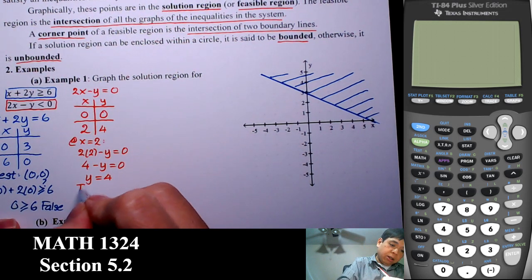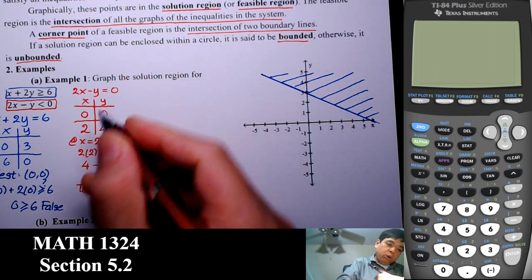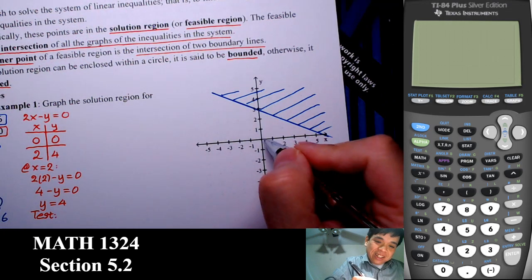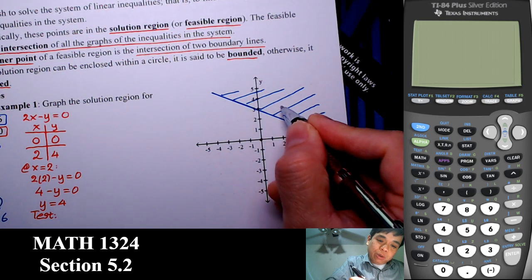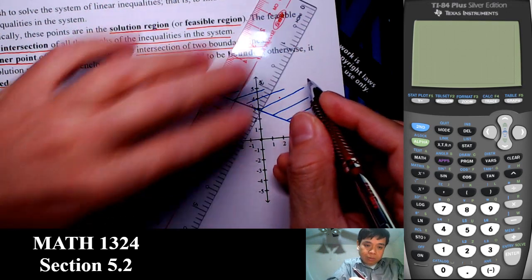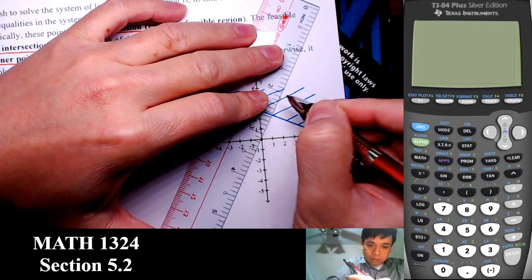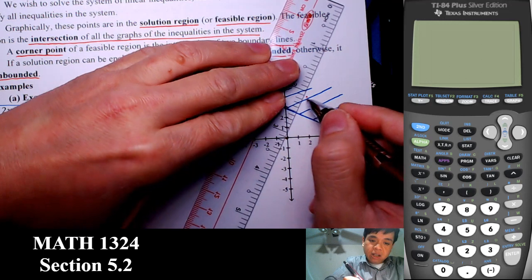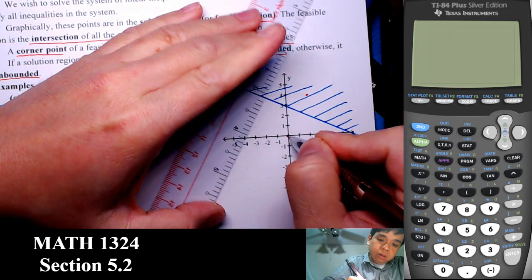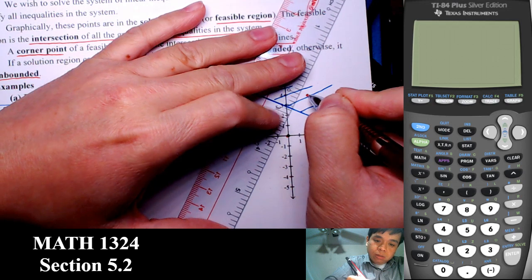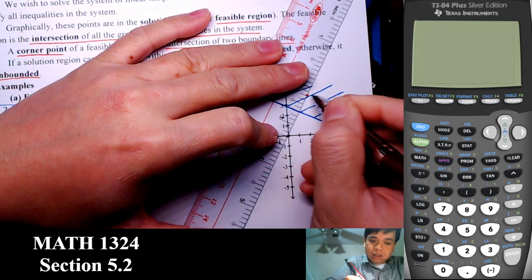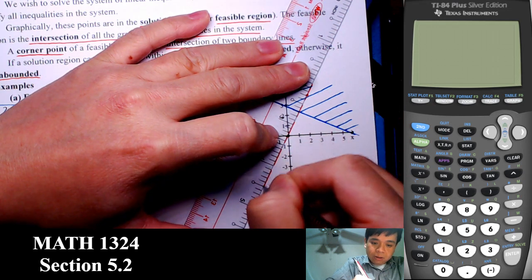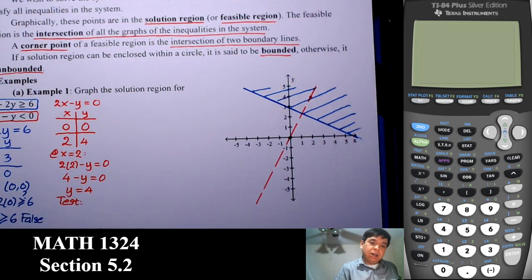We'll go to the second one. We will test, of course we cannot test 0, 0 because it is on the line. So the points are 0, 0 and x equal to 2, y equal to 4. And this one has no equal sign, so it has to be a dashed line. So that is that line.